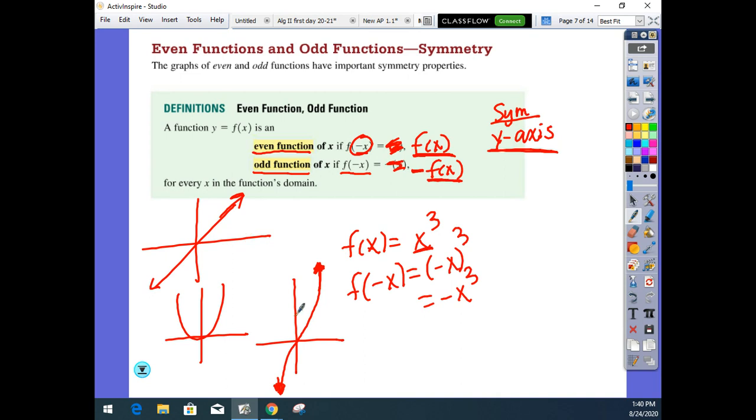All odd exponents kind of share similar qualities. If I look at this, it doesn't have symmetry over the y-axis or over the x-axis. This has what we call point symmetry. This has symmetry over the origin. So just kind of notation for you to remember.